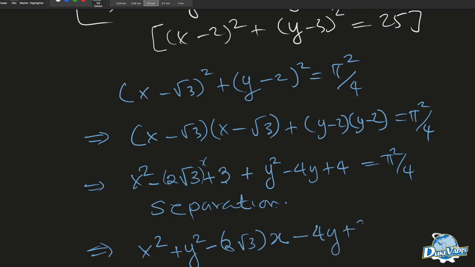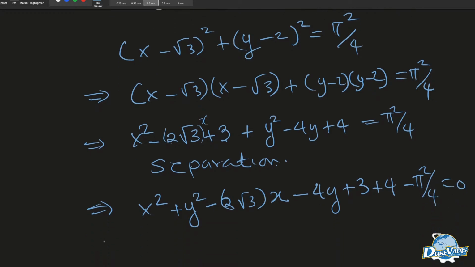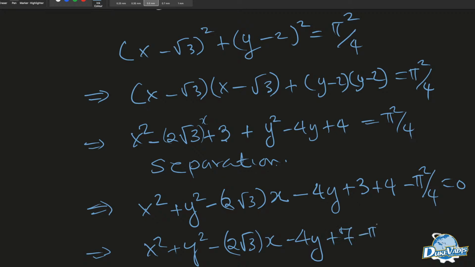Then we have plus 3 plus 4 minus pi squared over 4 is equal to 0. So eventually our equation can be written as x squared plus y squared minus 2 root 3 x minus 4y plus 7 minus pi squared over 4 is equal to 0. So this is also the same equation of a circle.